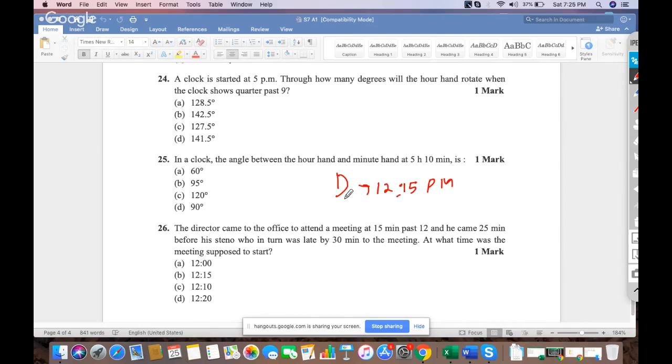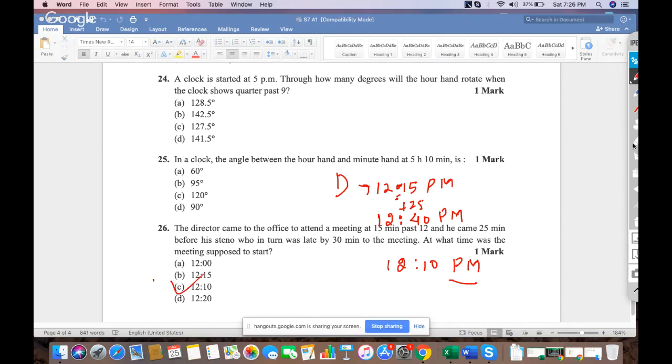He came 25 minutes before his steno, so steno would have come plus 25 from here. So he could have come at 12:40 p.m. And the steno was 30 minutes late. So it means that the meeting was about to start at 12:10 p.m. So answer over here is C.